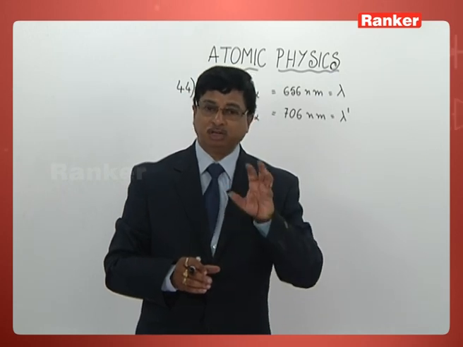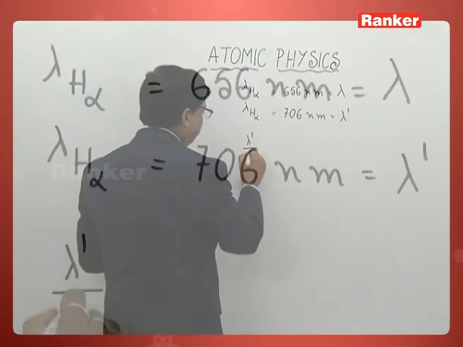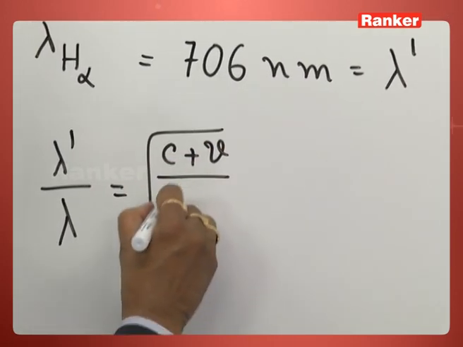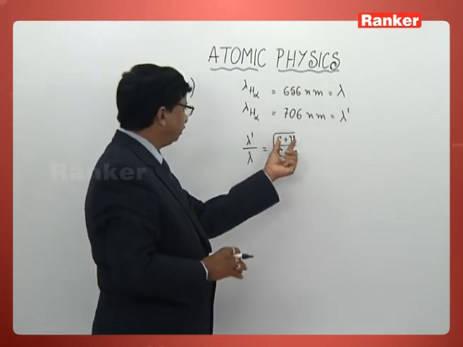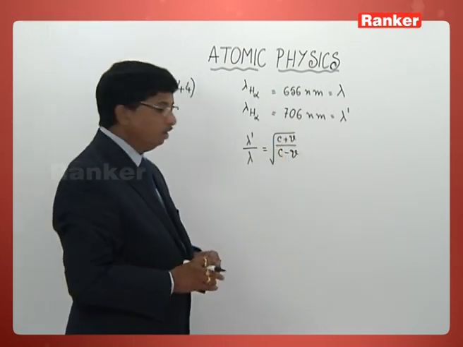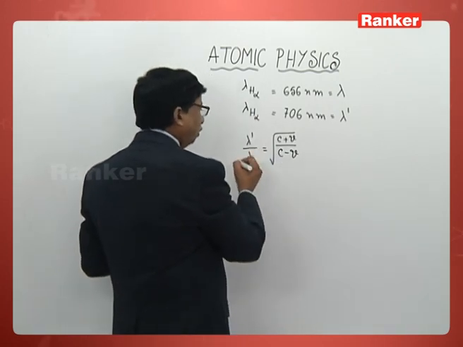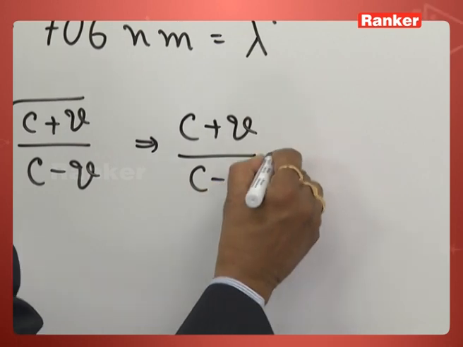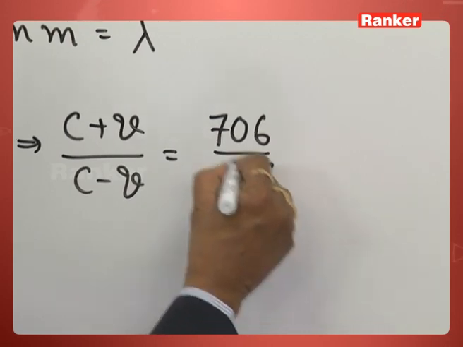What is it we have to take now? If I take this as lambda dash by lambda, that can be taken as the square root of c plus v by c minus v. This lambda dash being greater and lambda value being smaller, what we can directly write in this case is c plus v by c minus v equals 706 by 656 whole square.